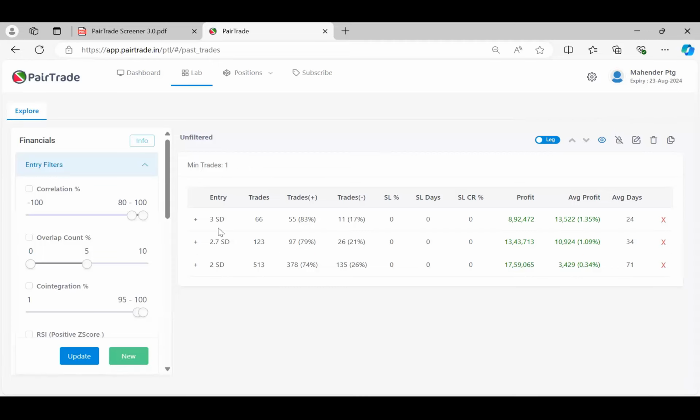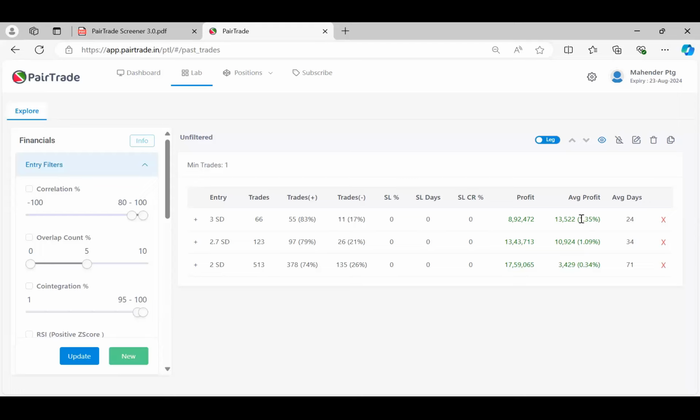For 3 years, at 3 standard deviation, we got 66 trades. Of those 66, 55 were successful, so an accuracy of 83%, and 17%, that is 11 trades, went negative. And the overall profit we could generate is this much. The average per trade is 13,520, which is good, which is 1.35%.